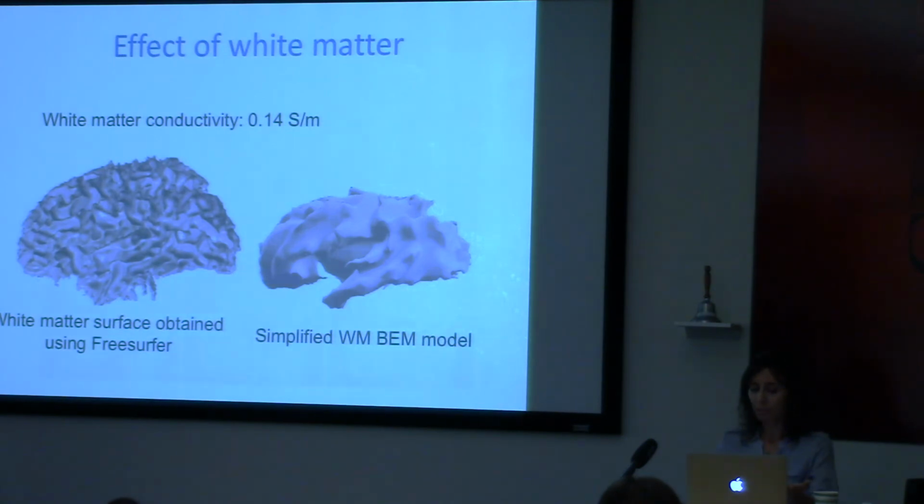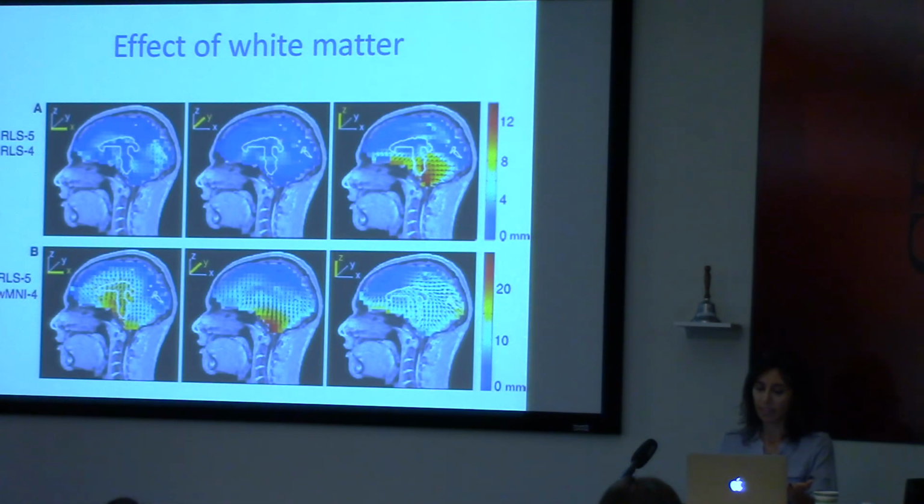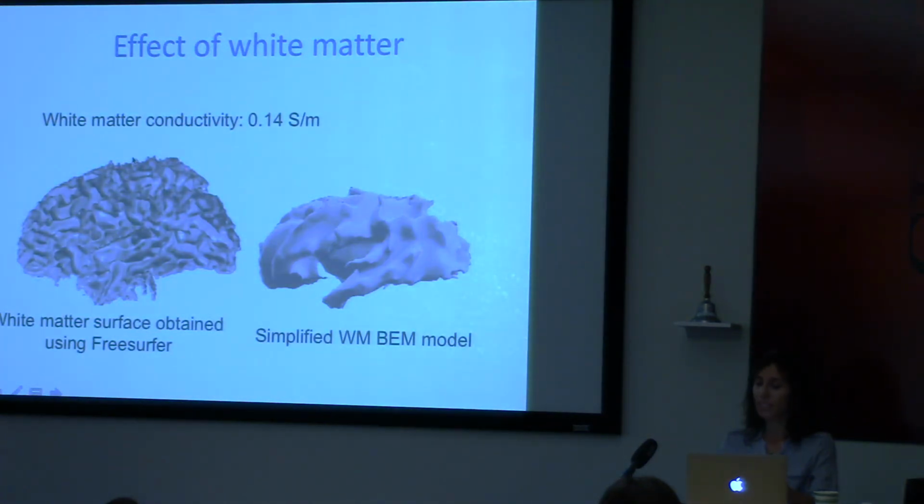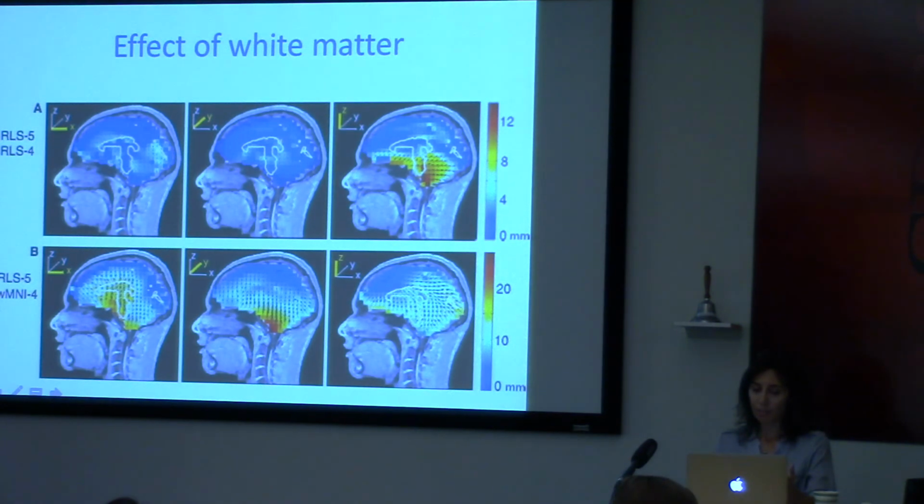What about inclusion of white matter? So should we include the white matter or not? I generated the white matter model using FreeSurfer and included the white matter and solved the forward problem, and then solved the inverse problem without the white matter.